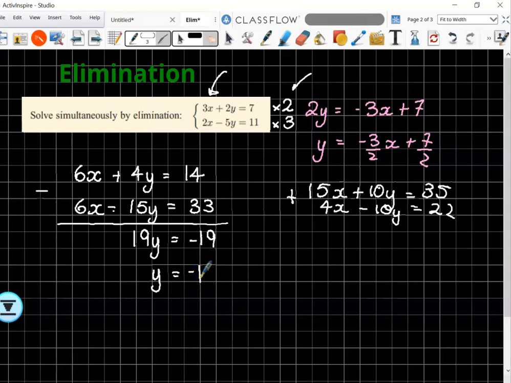Nice. How are we going to get x? Slap it back into either one of these equations. Let's just go the bottom one. So it's going to be 2x minus 5 times minus 1 equals 11. So we've got 2x plus 5 equals 11. Therefore, 2x equals 6, x equals 3.